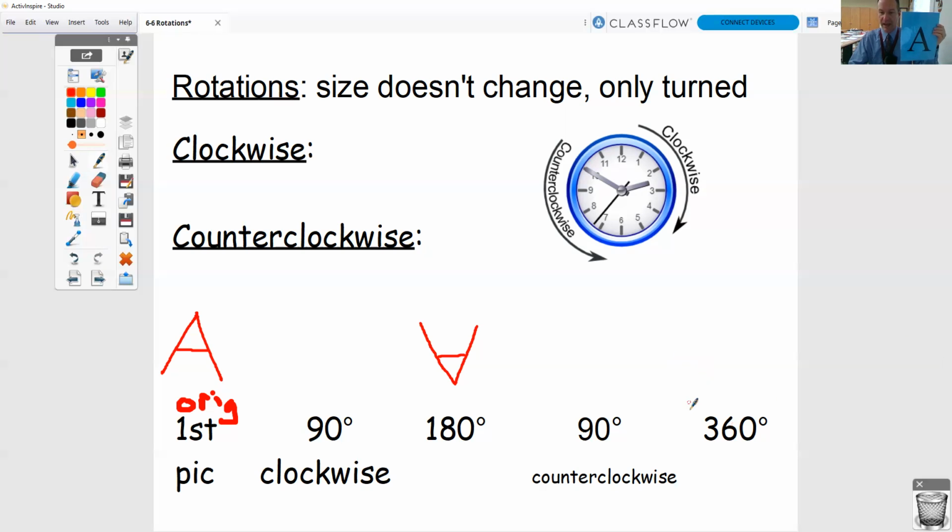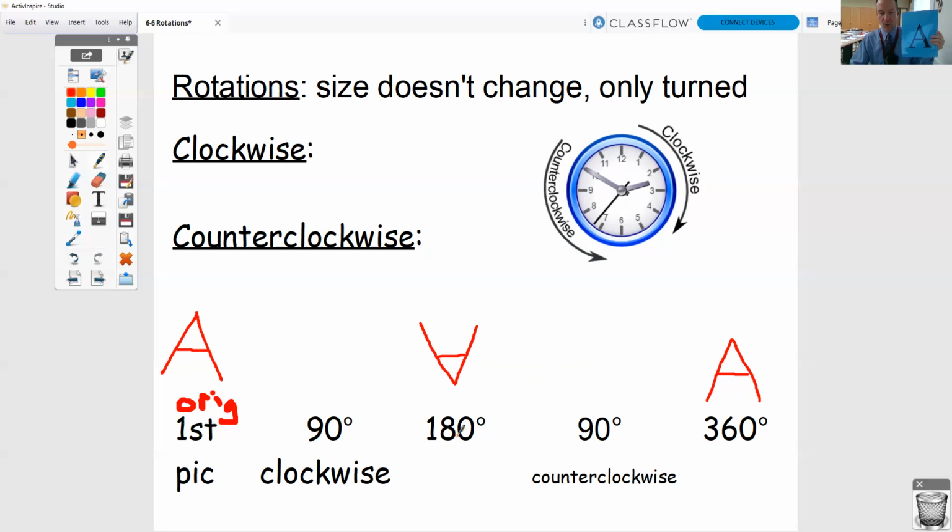It all ends up the same. When you do a 360, it ends up the exact same way that we started off with. So that is an original picture. Our 180 goes halfway around, a 360 goes all the way around. 180 and 360 don't have clockwise or counterclockwise because it ends up the same way no matter what.